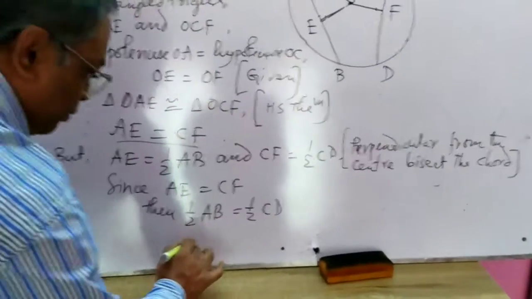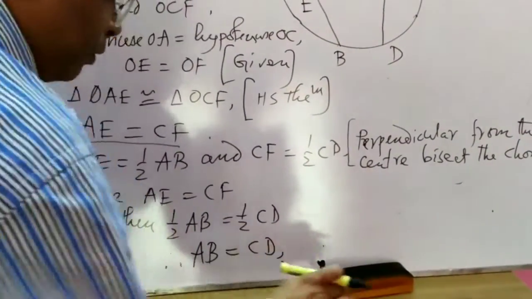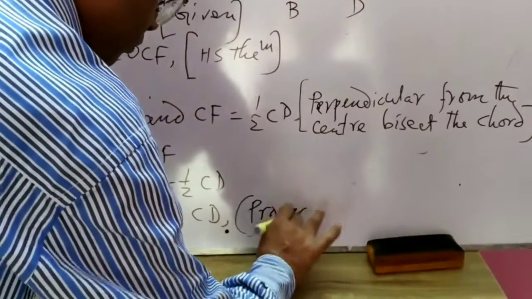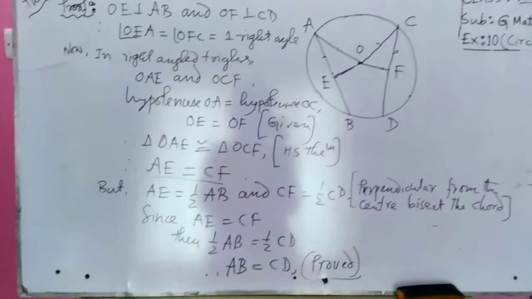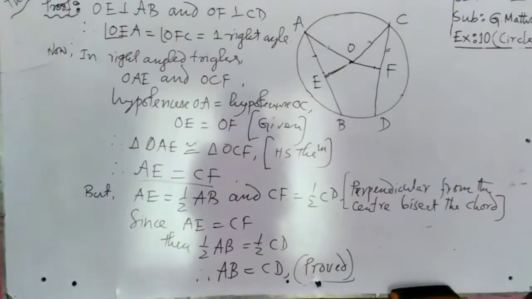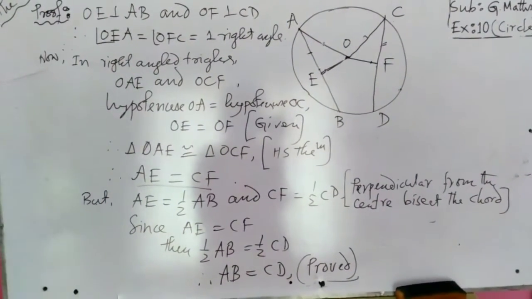Half omit করে দাও, therefore AB equals CD. Proved. Very simple proof. You can easily, by using HS theorem, prove theorem 3.